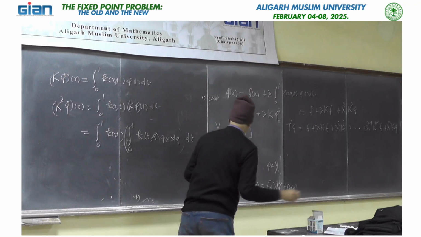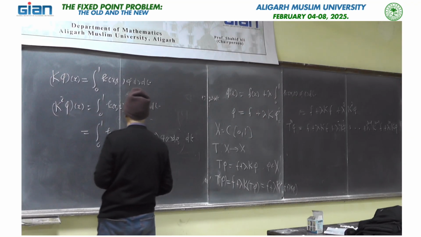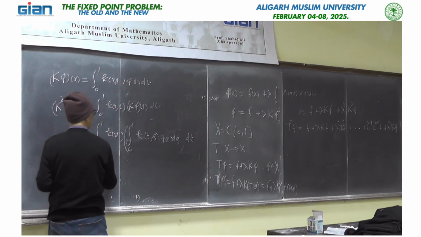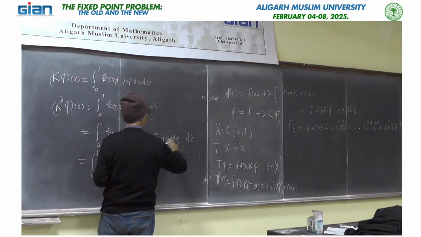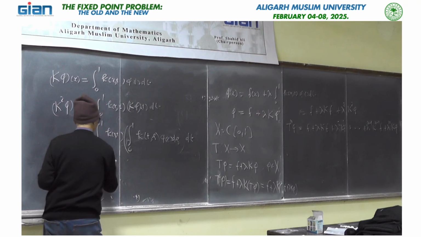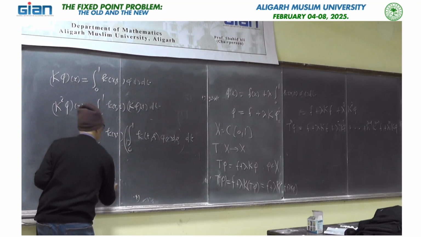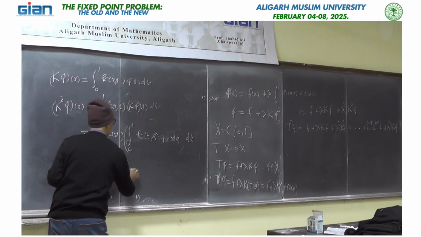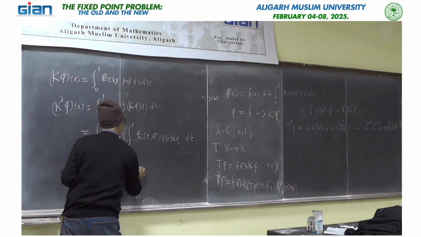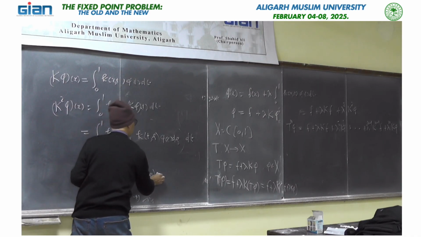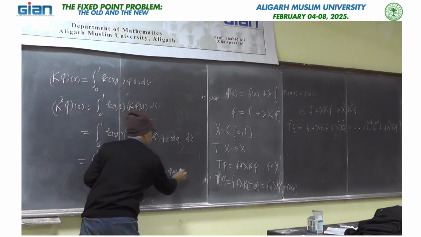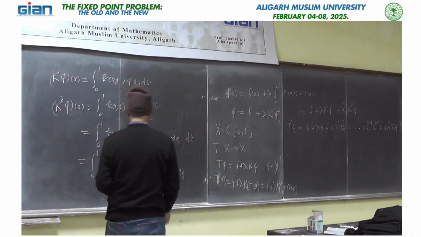Now the change of order of integration will give us the integral from 0 to 1, where phi(s) goes out, and you have the integral from 0 to 1 of K(x,t) K(t,s) dt, and then phi(s) ds.